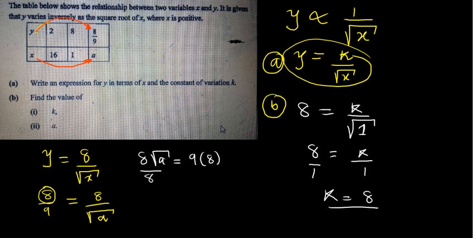So this 8 and this 8 will cancel, and this 8 and this 8 will cancel. That will leave us with the square root of a is equal to 9. And then to remain with a, we square both sides. The root and the square cancel out, and that will give us a is equal to 9 squared, which is 81. So that is how you go about it.